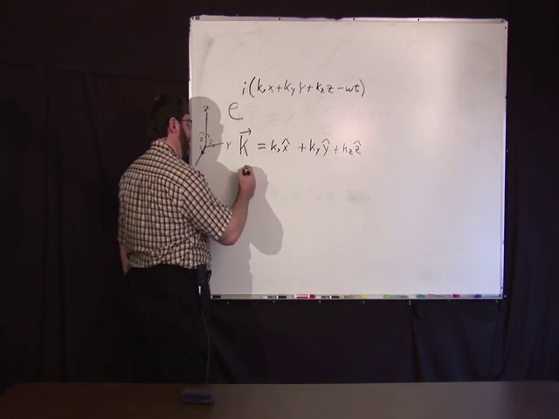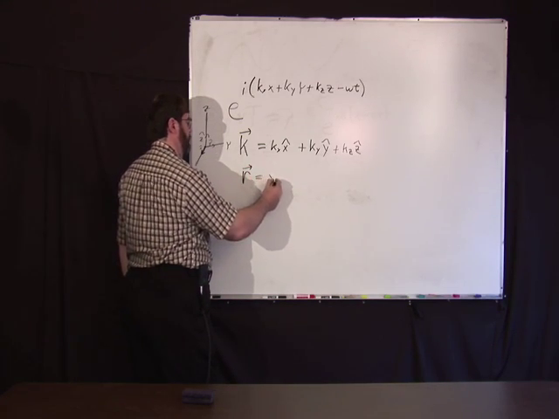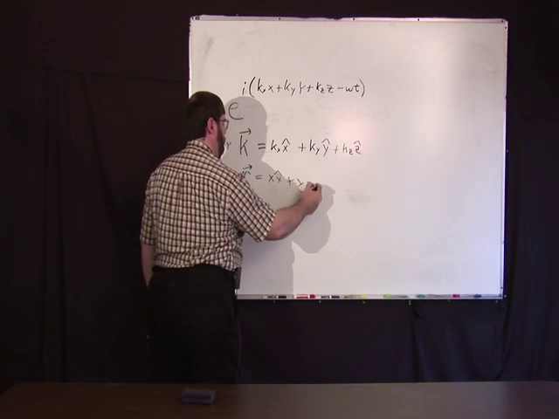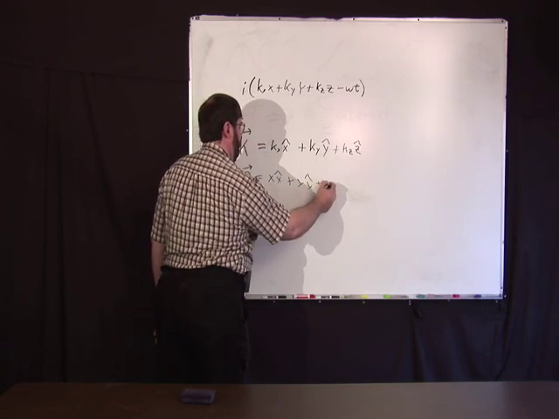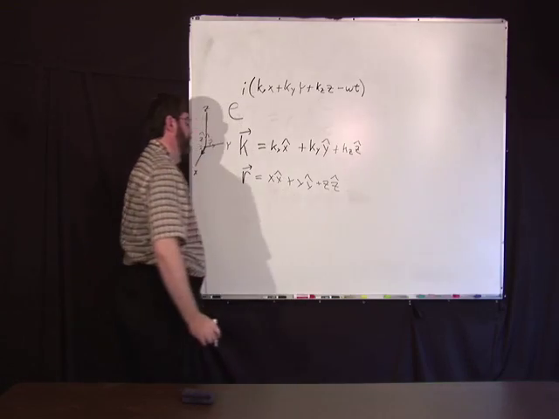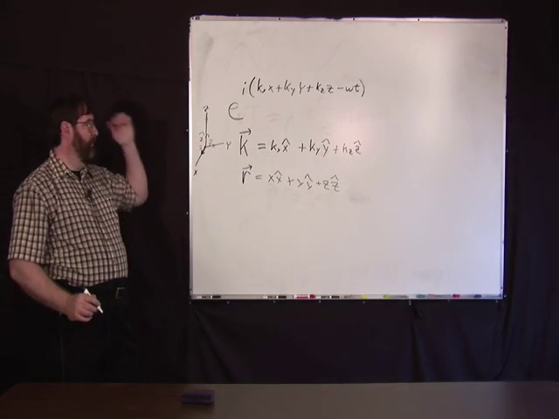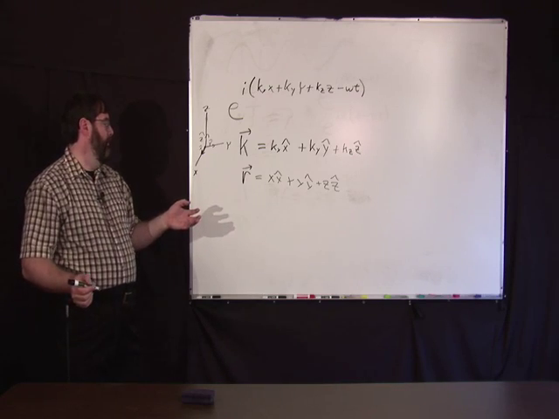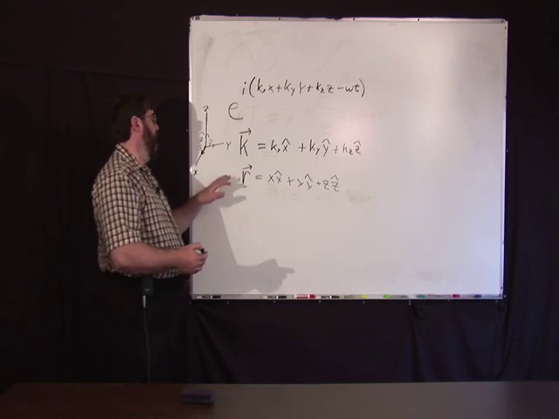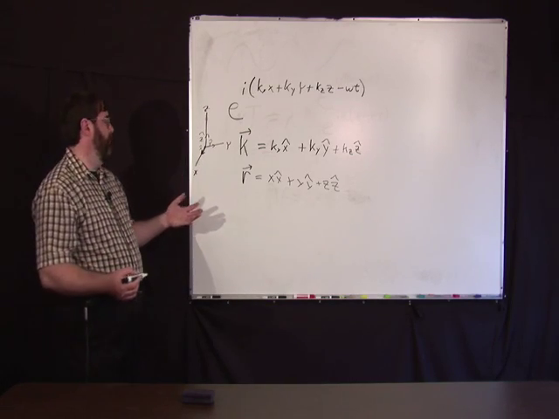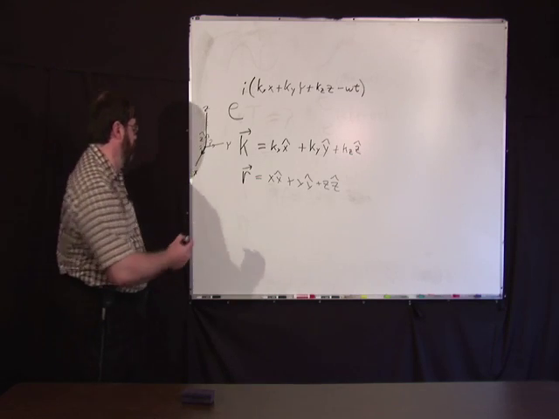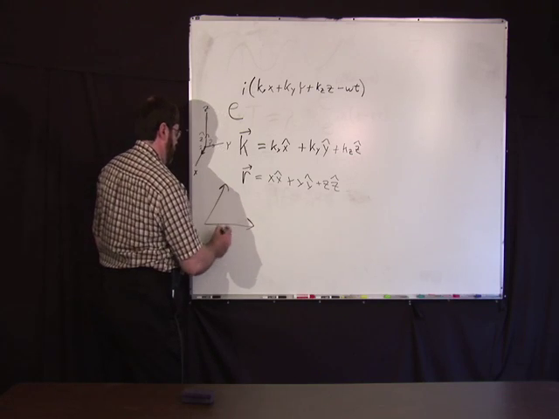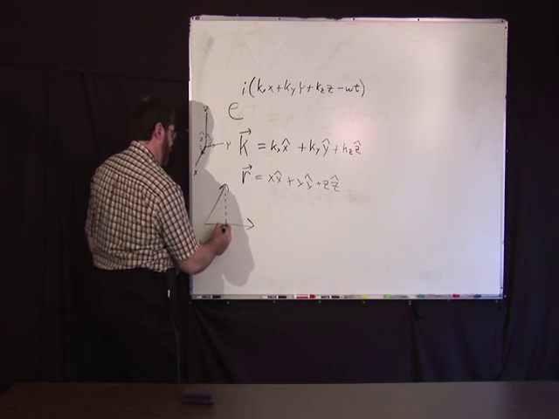The position vector is going to be x x hat plus y y hat plus z z hat, which describes any point in space. And we can define something called the dot product. These vectors can be represented by arrows, and the dot product is actually the projection of one onto the other.